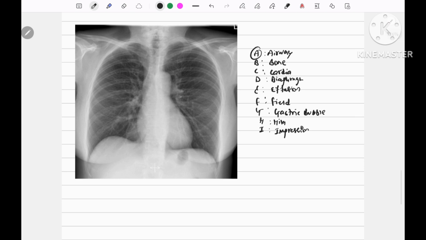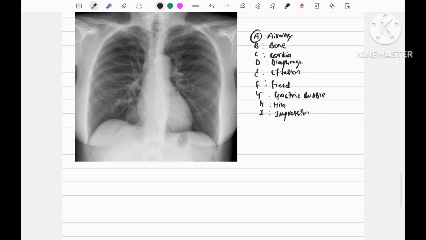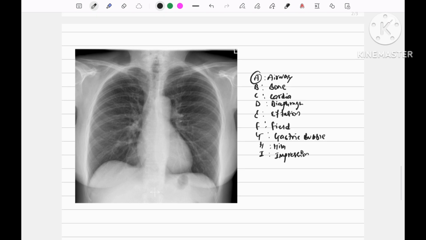Okay, now let's first start with airway. In airway we will see the trachea. Airway starts from the trachea. So we will look at whether the trachea is deviated or not.